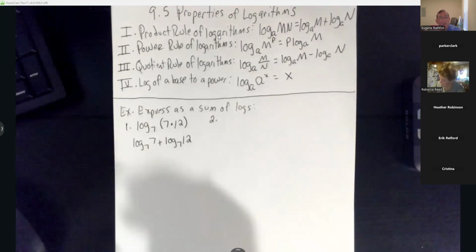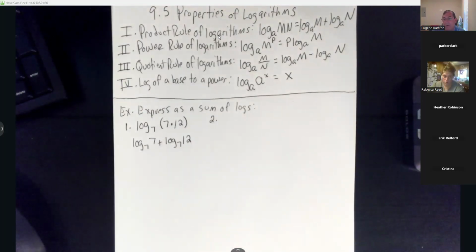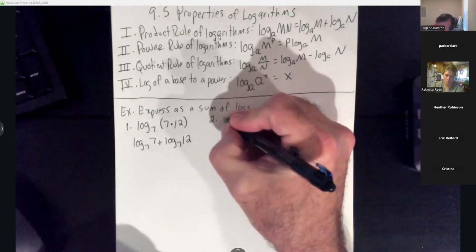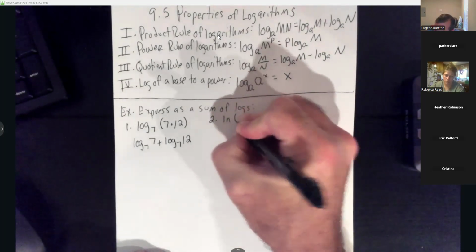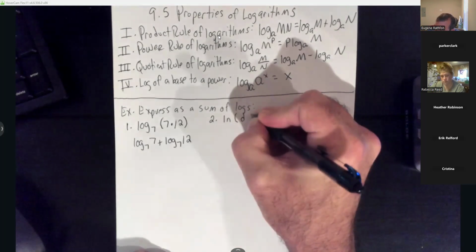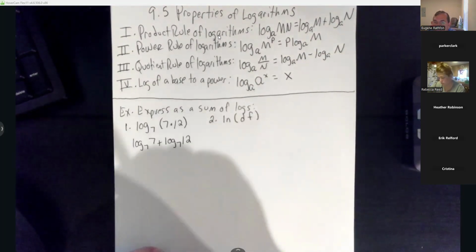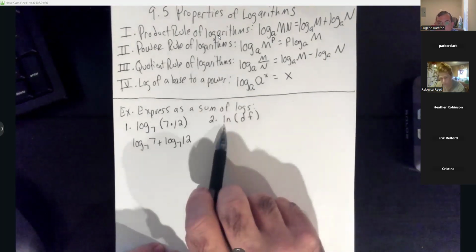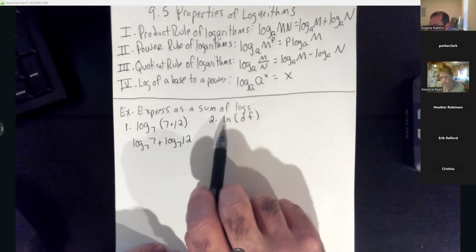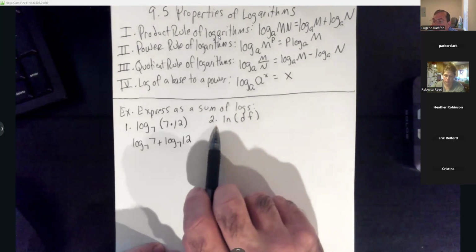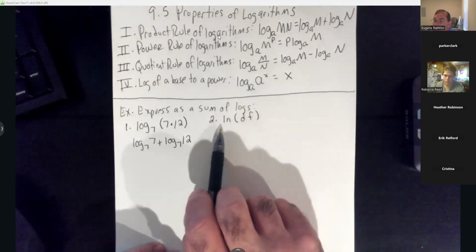So number 2, now what they do, they alternate between doing logs and LNs, which is the natural log. So for this one, I got ln of d times f. Now remember, in MATLAB, this is an ln, not an in, okay? ln.